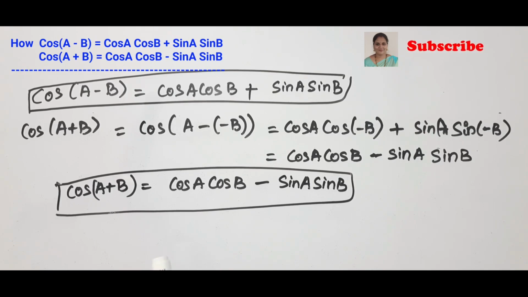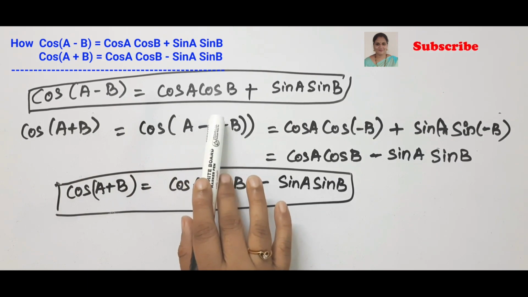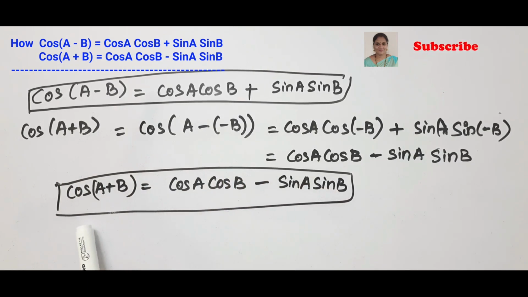That is, cos of A minus B is equal to cos A cos B plus sin A sin B. Cos of A plus B is equal to cos A cos B minus sin A sin B.